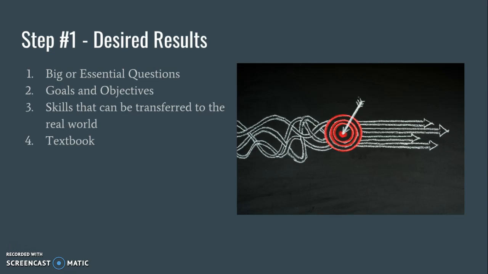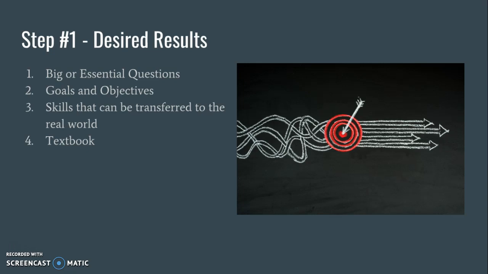We write very targeted objective statements that will say what specifically students need to know and be able to do. We try to focus on skills that can be transferred into the real world or the workplace. And a lot of times we try and aim for the higher level of Bloom's, which we'll talk about here in a minute. During this first phase, we also will decide what textbook we want to use and what publisher to go through and get you that to help also potentially develop some of those objectives as well.